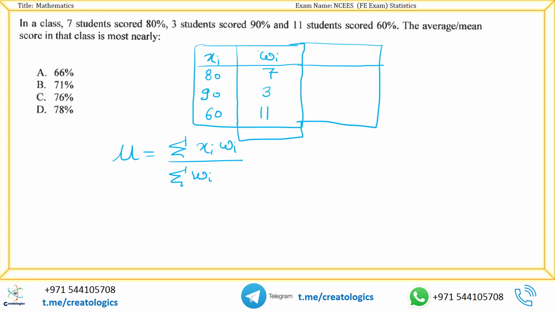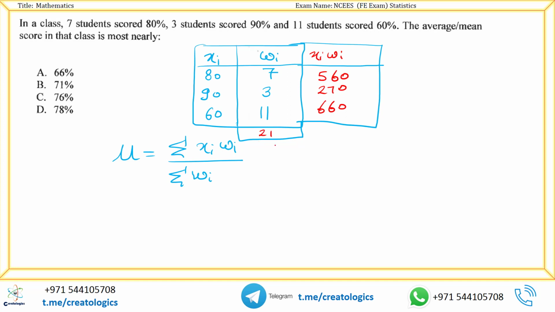Now multiply these two to get the xi wi. 80 times 7 gives 560. In the same way, 90 into 3 gives 270 and 60 times 11 gives 660. Now we have the sum of all the frequencies, that comes out as 21.